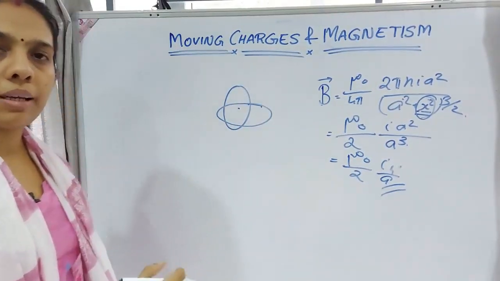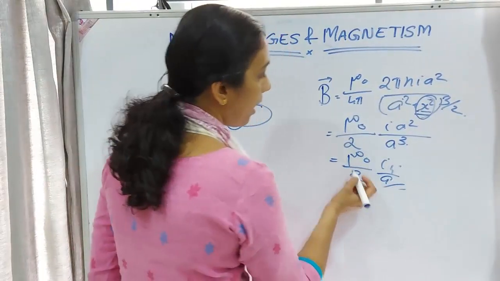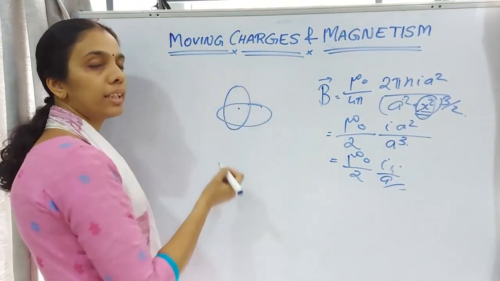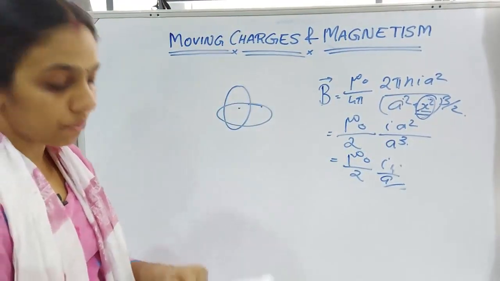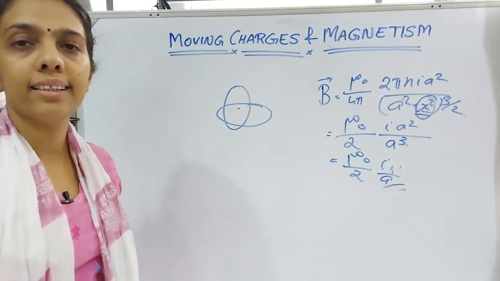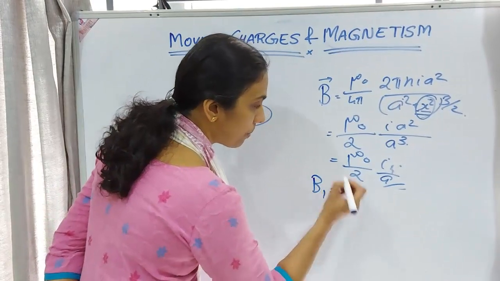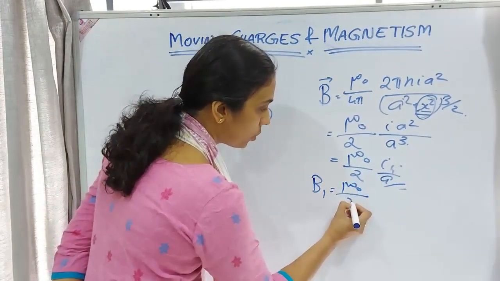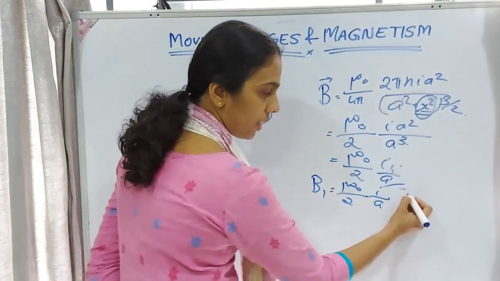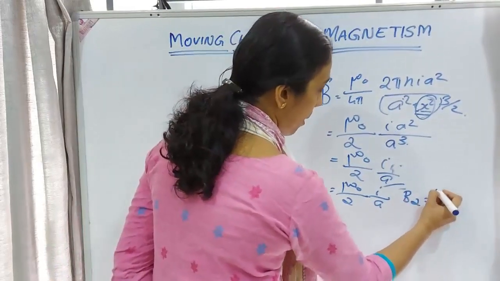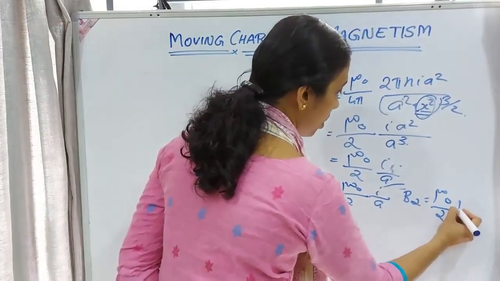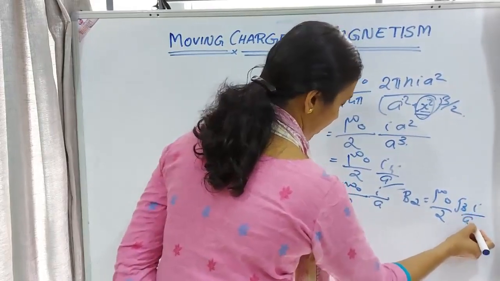Perpendicular means we will consider it that way. What is the value of I in both cases? The first coil current is I and the second coil current is root 3 I. So we get mu 0 by 2 into I by A for the first one, and mu 0 by 2 into root 3 into I by A for the second.